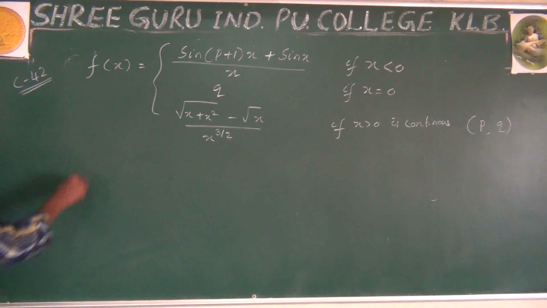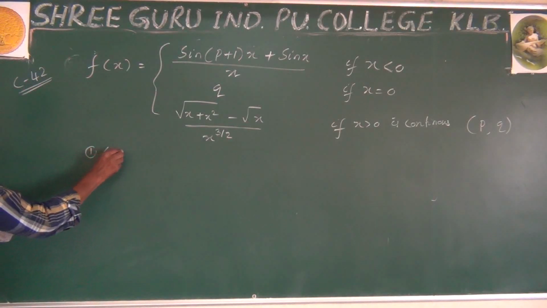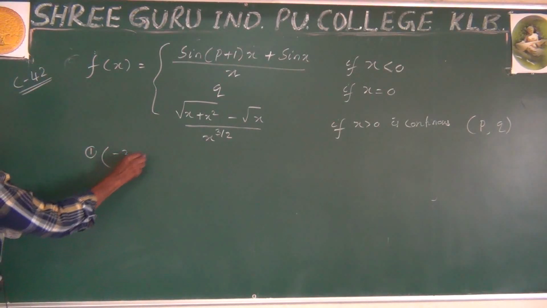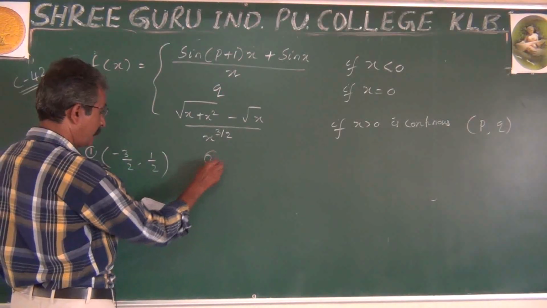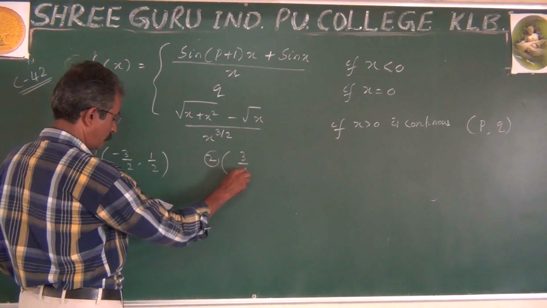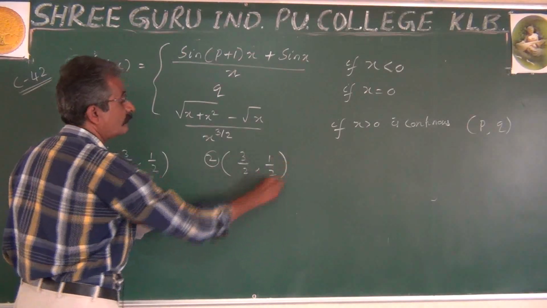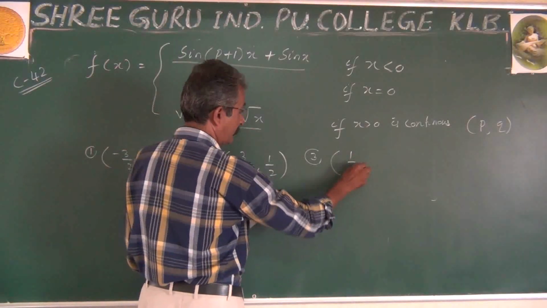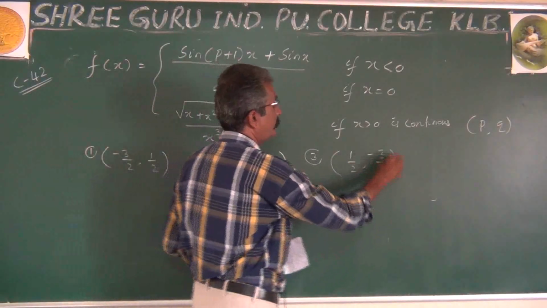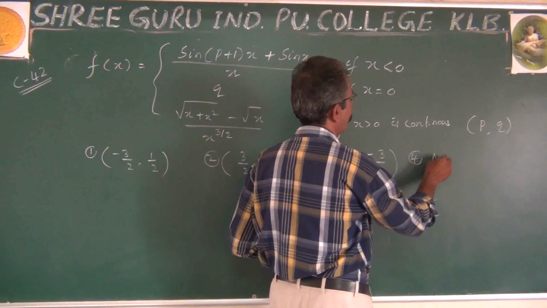Then p comma q. First option minus 3 by 2 comma 1 by 2. Second option 3 by 2 comma 1 by 2. Third option 1 by 2 comma minus 3 by 2. Fourth option none of these.